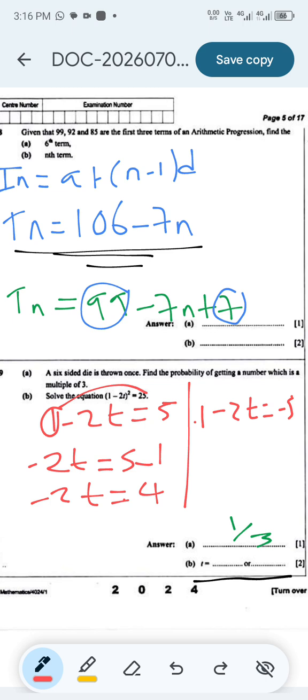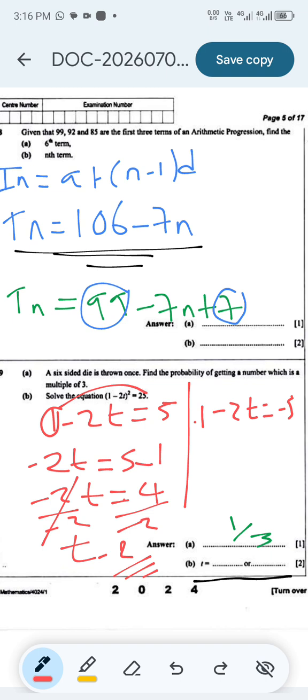When you divide by negative 2, you are going to remain with t here because these ones go. So 4 divided by negative 2, that's going to be negative 2. And then we want to solve the other side.